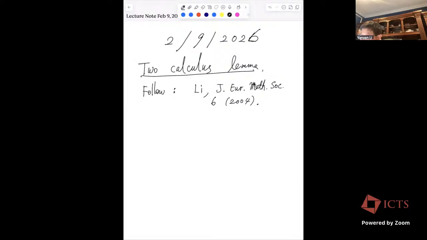So I will then just look at page 176. And its proof is like one page. So I will do lemma 5.7 there.